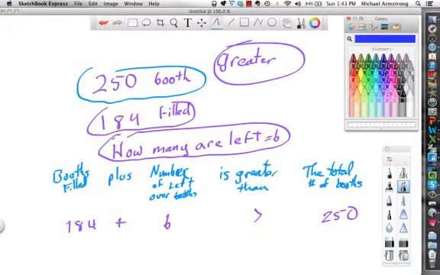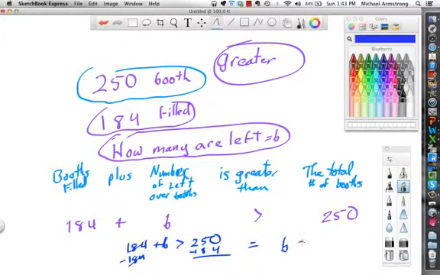Okay, so if we rewrite this, 184 plus B is greater than 250, then we're set, and we just have to do a subtraction problem to get B by itself, where we subtract 184 from both sides. So this cancels out and becomes 0, and it leaves B by itself.